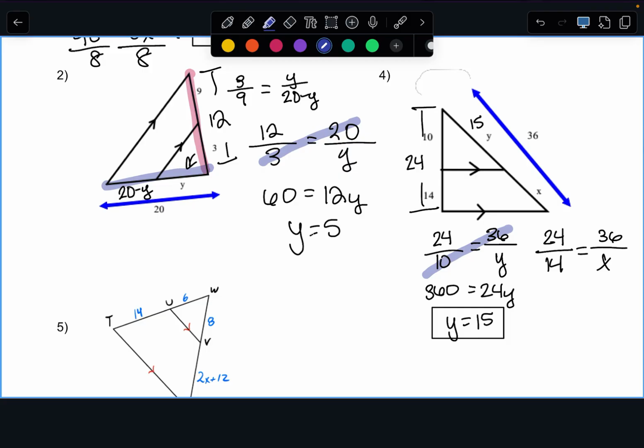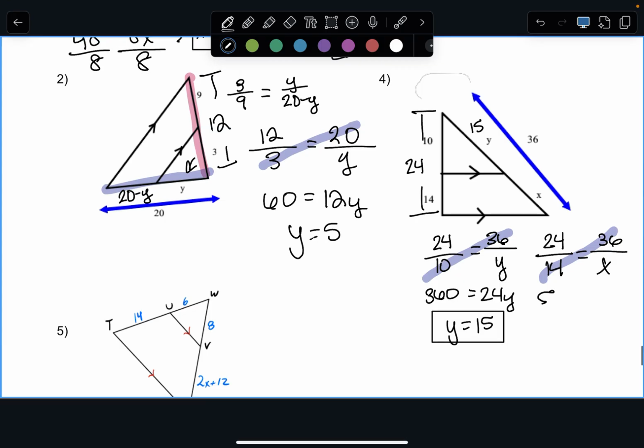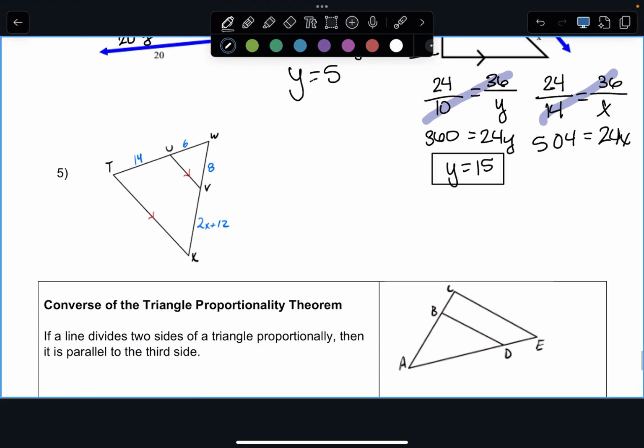I cross multiply. 36 times 14 is 504, if you put that into the calculator. And then 24 times x is 24x. Last step, divide by 24.